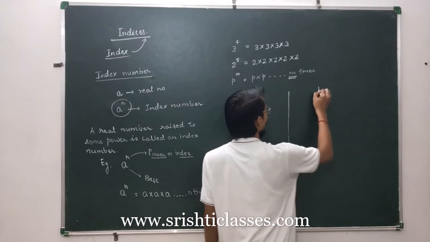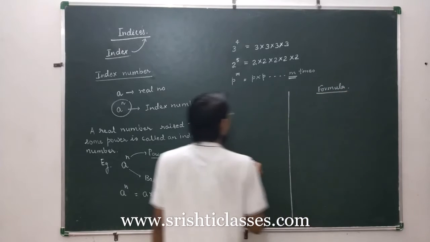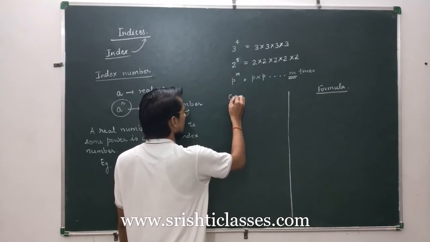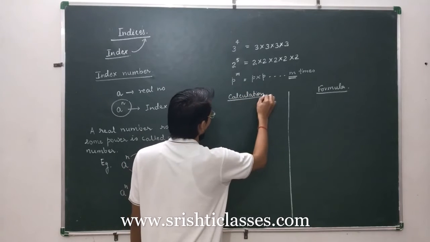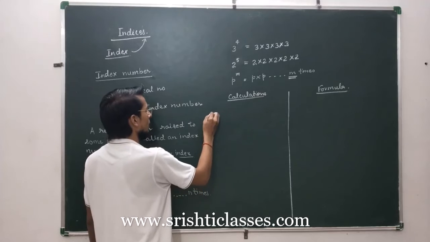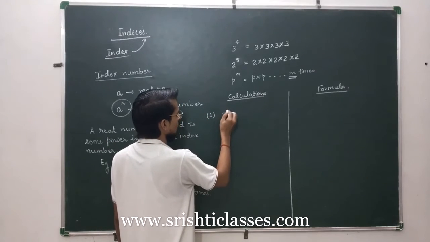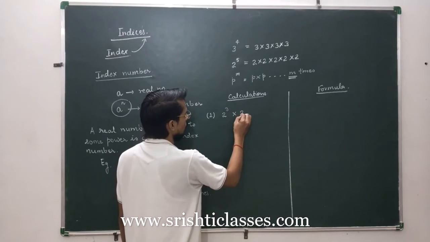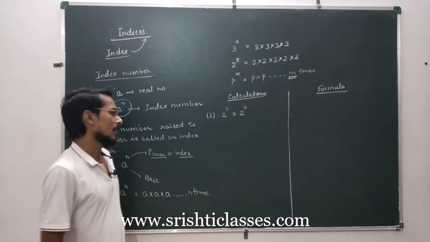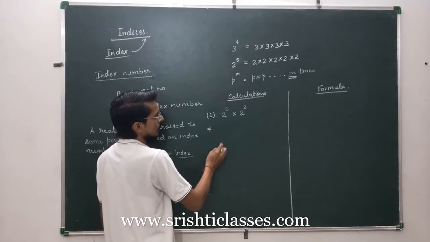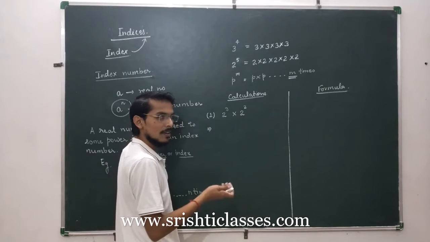Here I will write the formula and here I will do some calculations from which we will derive the formula. Now first one is this. Let us suppose 2 cube into 2 raised to the power 2. How can you solve this? You just need to expand it. 2 raised to the power 3 means 2 is multiplied to itself for 3 times.